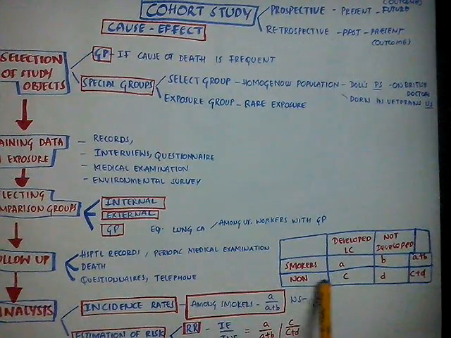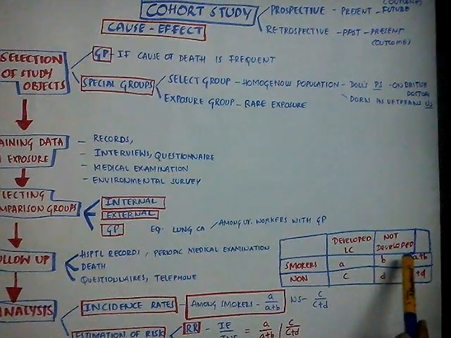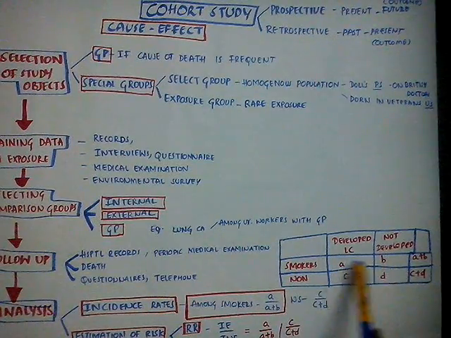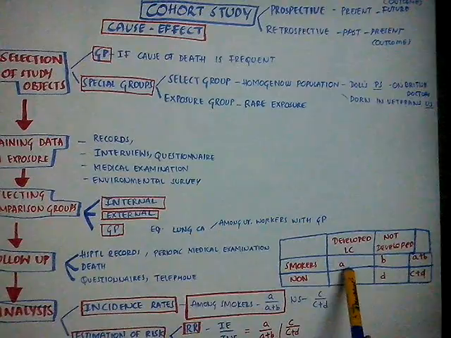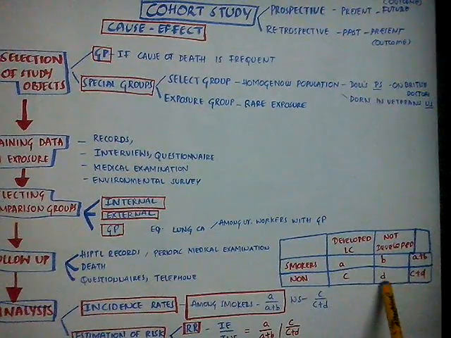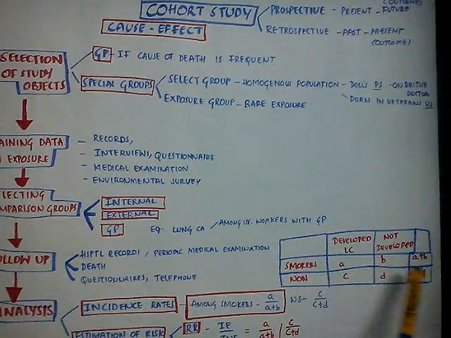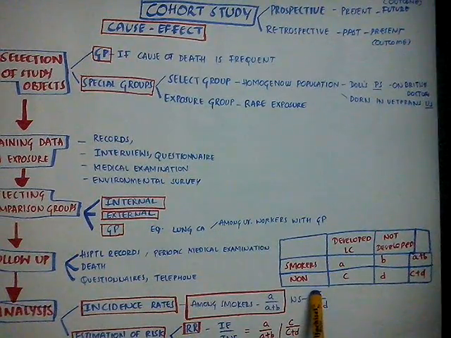among smokers and non-smokers, those who smoke and develop lung cancer are A, and those who smoke and do not develop lung cancer are B, and those who develop lung cancer among non-smokers are C, and those who do not develop lung cancer among non-smokers are D. Total number of smokers is A plus B and total number of non-smokers is C plus D. Incidence.